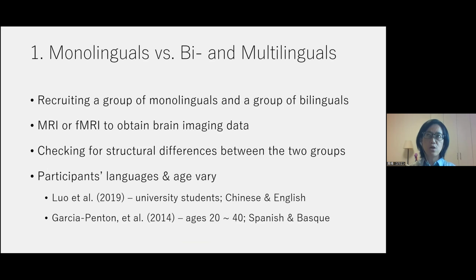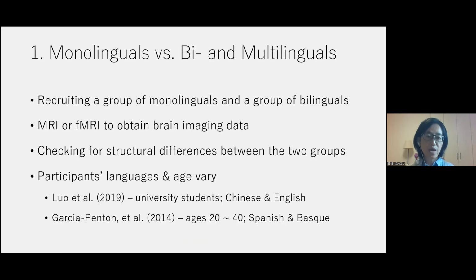The research comparing the brain structure between monolinguals and bilinguals or multilinguals tends to have this research design. They will recruit a group of monolinguals and a group of bilinguals or multilinguals, and they will take an MRI or a functional MRI to obtain brain imaging data.